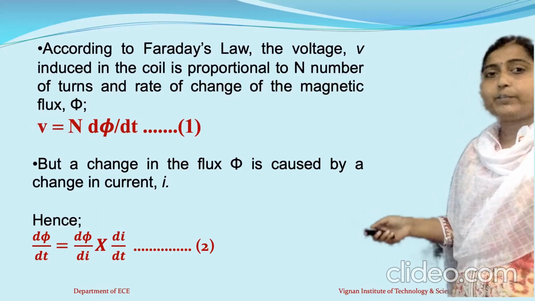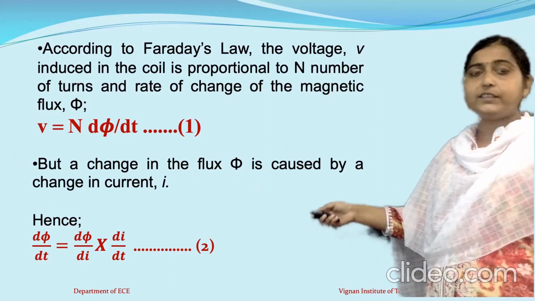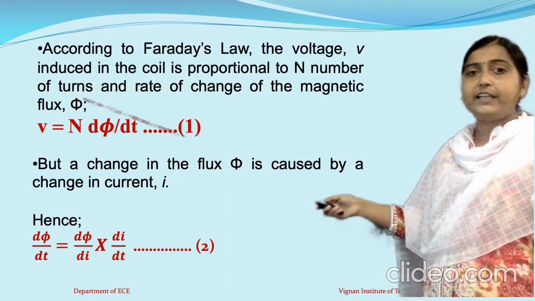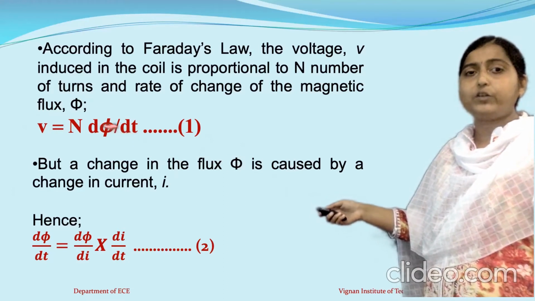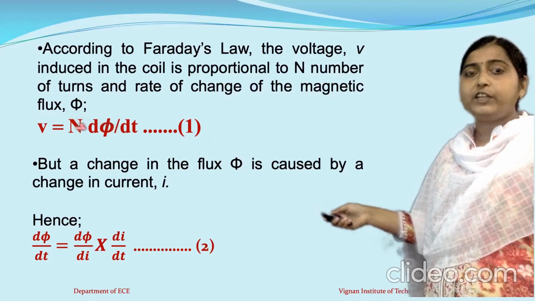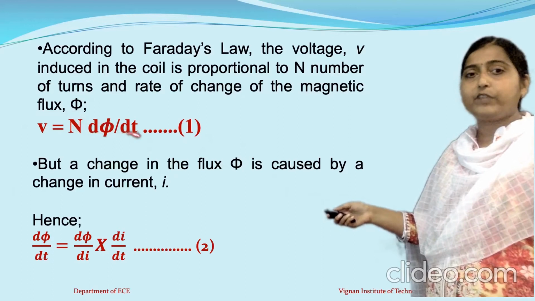Where N represents the number of turns, and d phi by dt represents the rate of change of flux with respect to time.